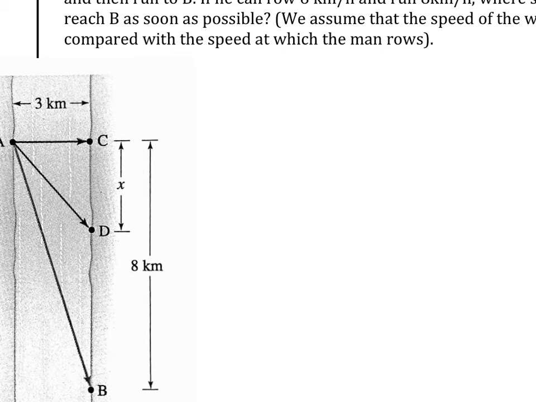We have three things going on: time, speed, and distance. Those make the equation distance equals rate times time. We don't really care about how long the distance is. We want the time to be minimum, so eventually we want to find time. Time is going to be distance over rate.